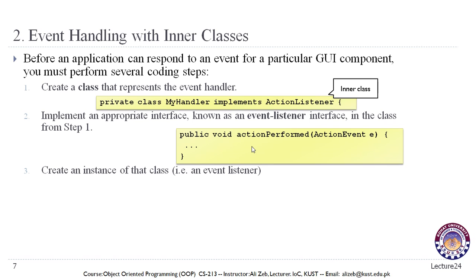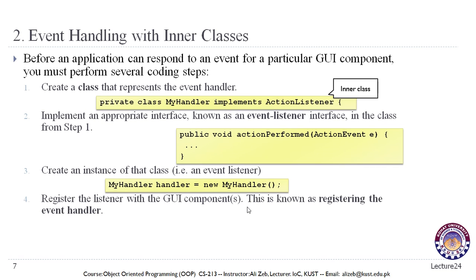We create an instance of that class, for example an event listener. We create this object of this inner class. We call this event listener, and then we register the listener with the GUI component or components.